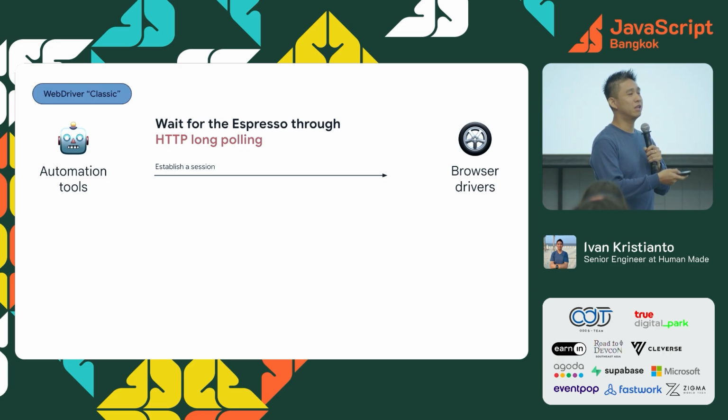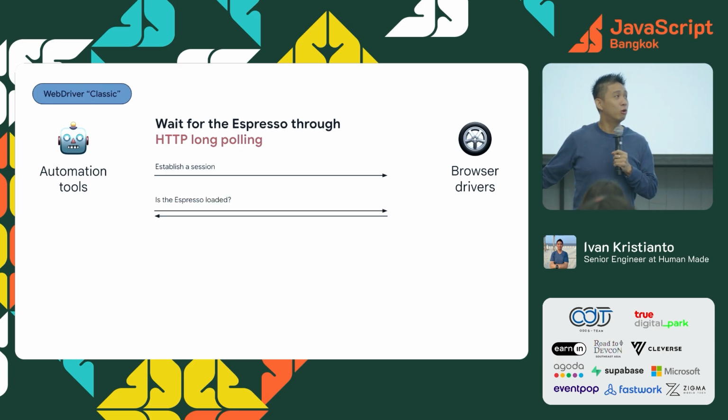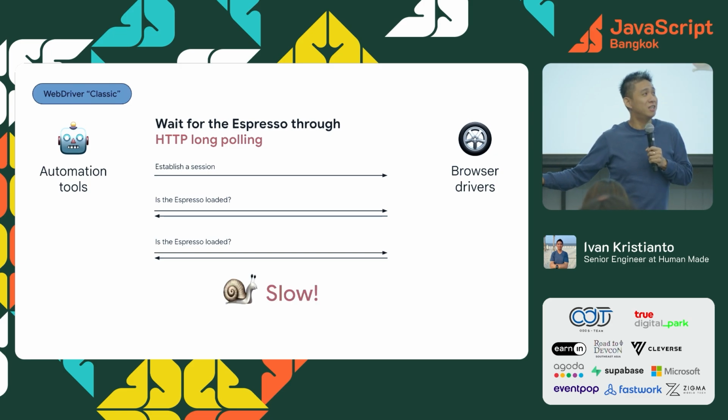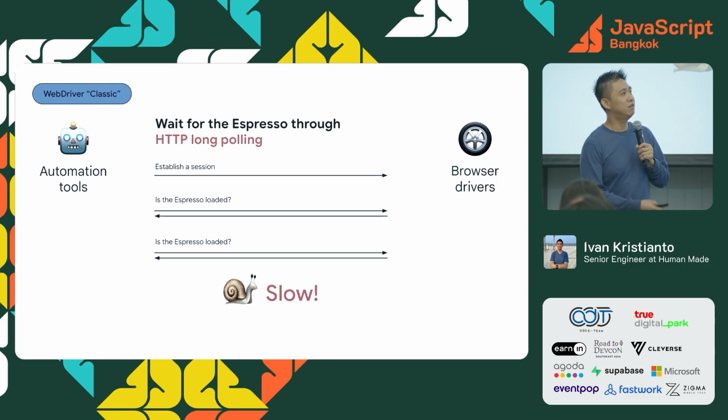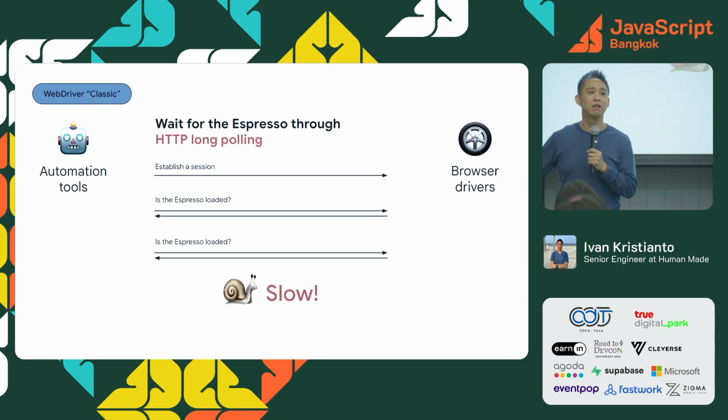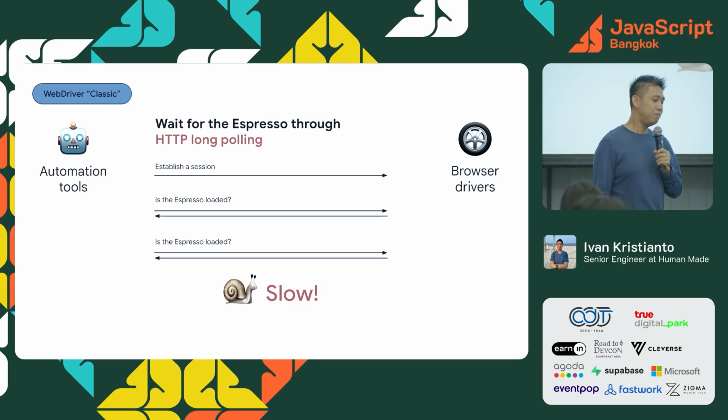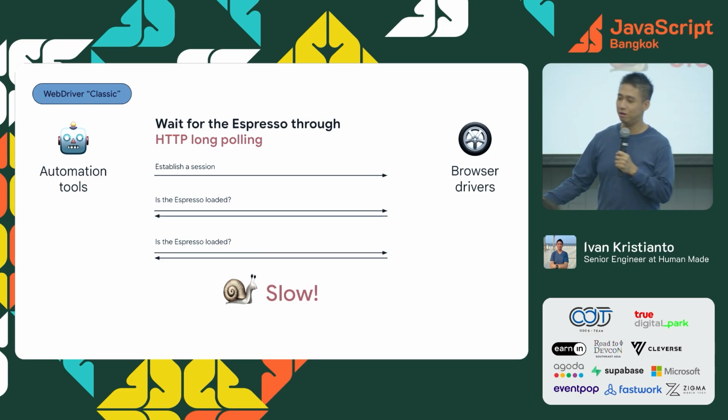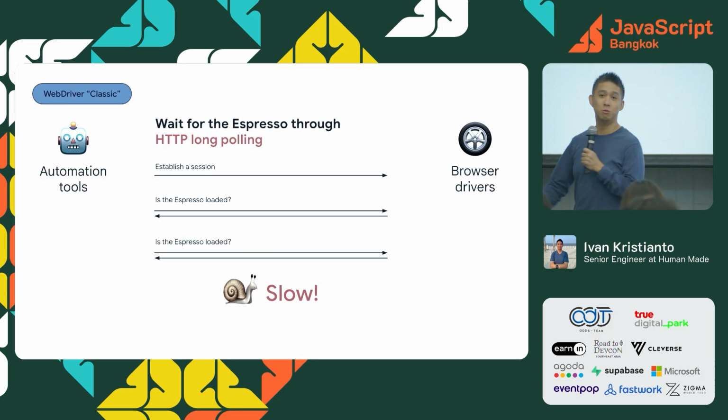It keeps asking, is the espresso loaded? Is the espresso loaded? Nope. And until it times out, you've wasted your time and money on GitHub Actions or Bitbucket time. So it's so slow.